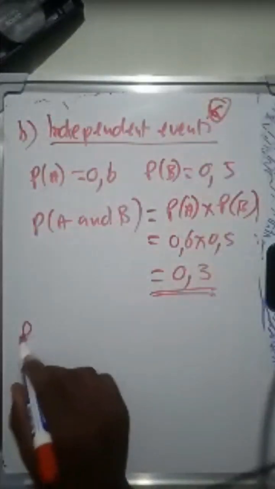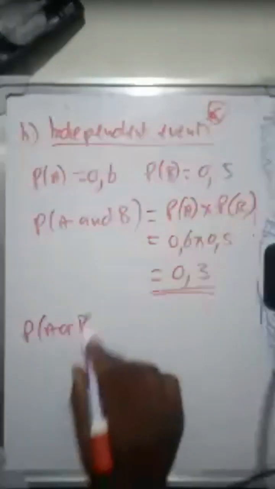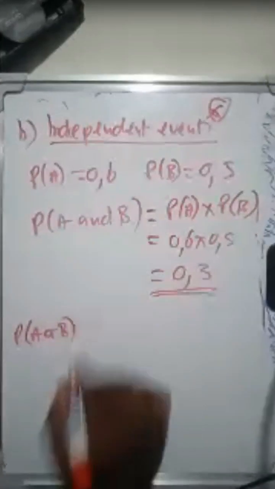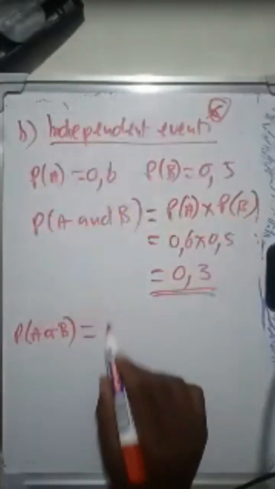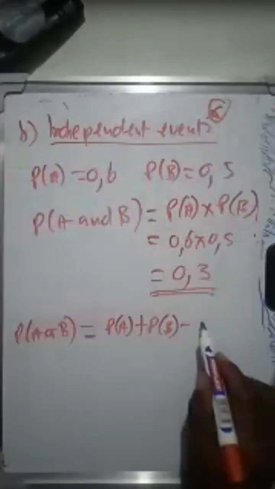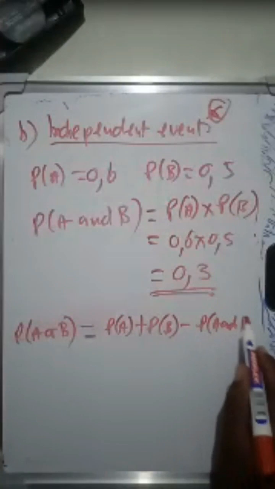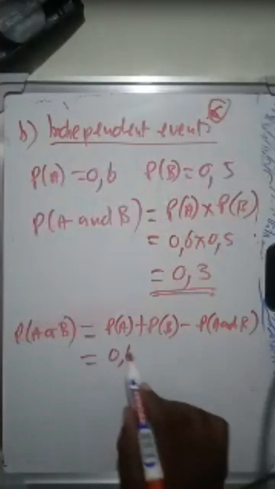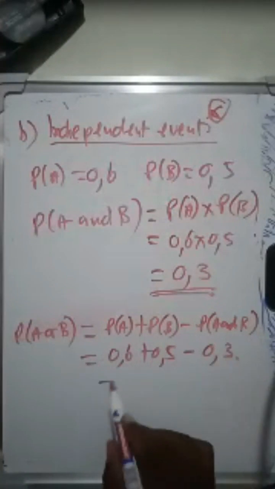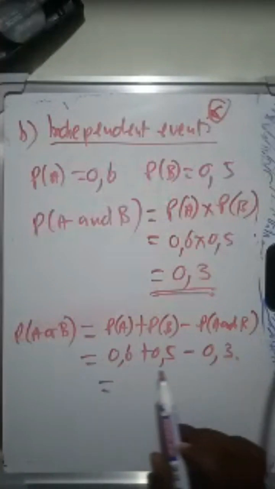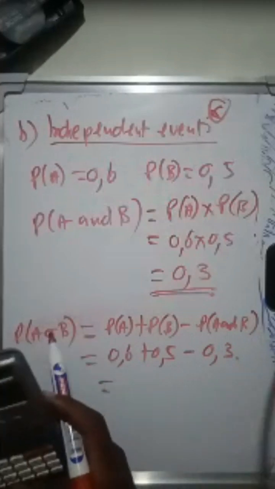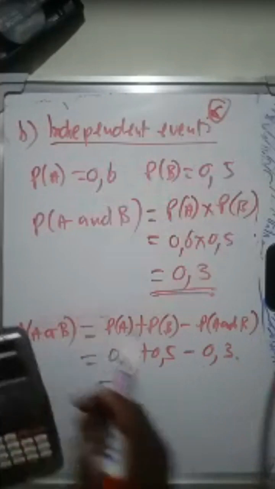Now, probability of A or B becomes simple. Probability of A or B is going to be equal to probability of A plus probability of B minus probability of A and B, which is just 0.6 plus 0.5 minus 0.3, which is 1.1 minus 0.3, which is going to be 0.8.